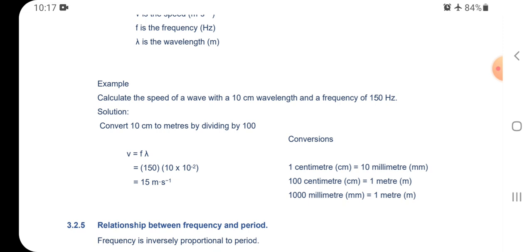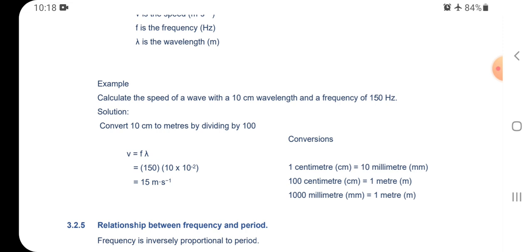You convert centimeters by dividing them by 100 to get meters. So whenever you want to convert centimeters into meters, you divide them by 100. 1 centimeter equals 10 millimeters, 100 centimeters equals 1 meter, and 1000 millimeters equals 1 meter.